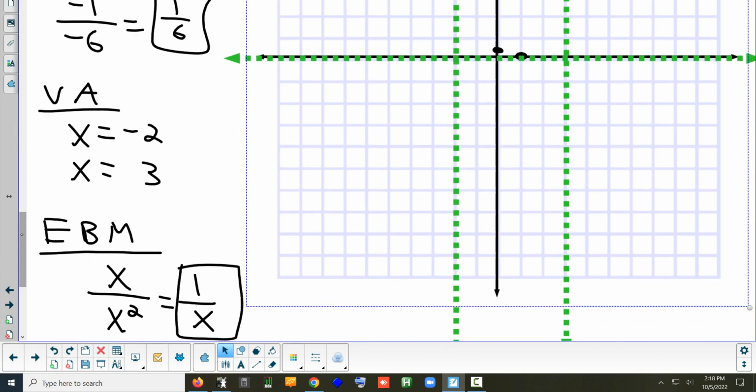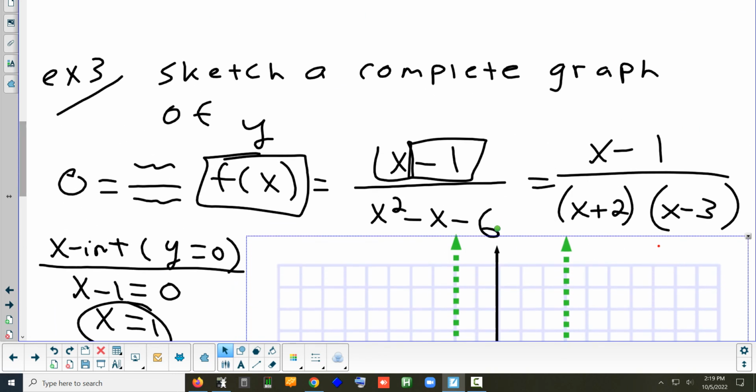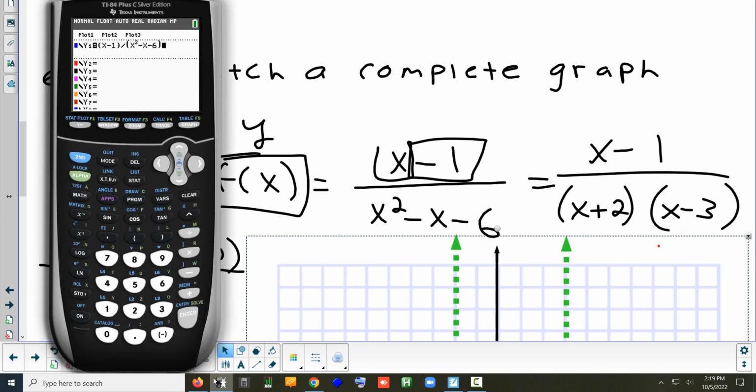What were my 2 vertical asymptotes? Yep. -2 and 3. Okay, let's start with the -2. What I want to do is basically plug in a number that's very close to -2 and see what happens in this equation. I can't do -2. Watch what happens if you try.